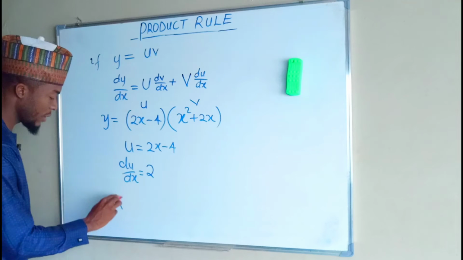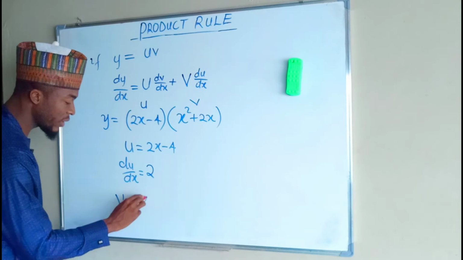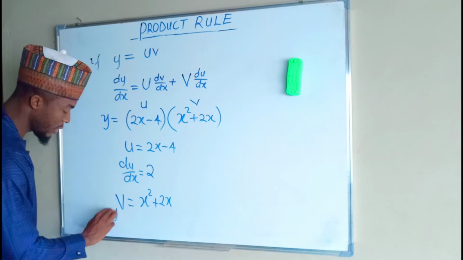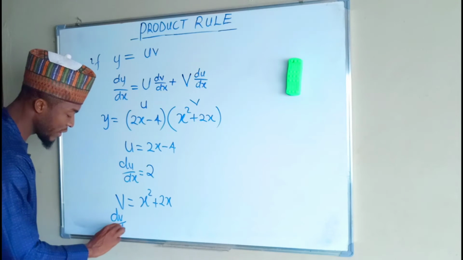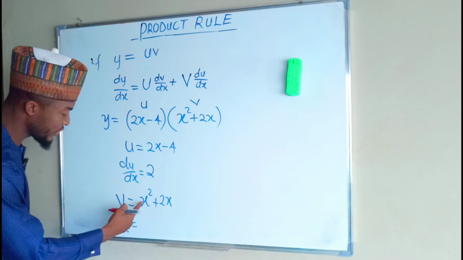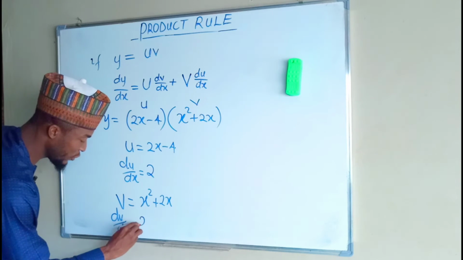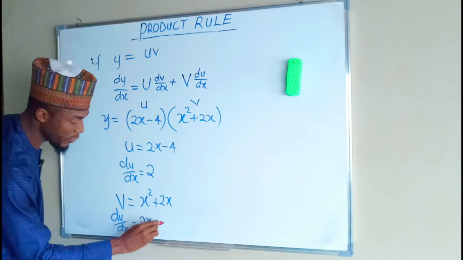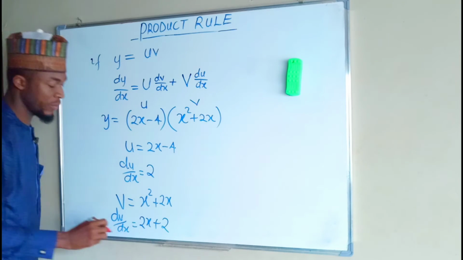Then v equals x squared plus 2x. dv over dx will be equal to 2x plus, if you differentiate the other term, you are going to have only 2.